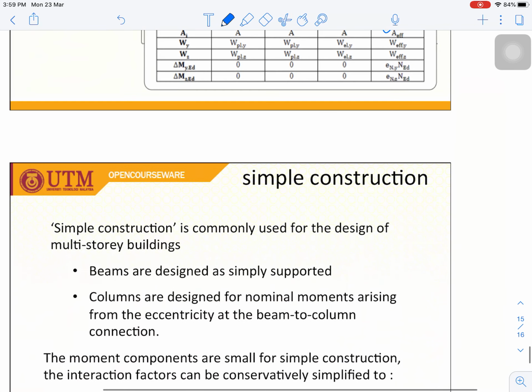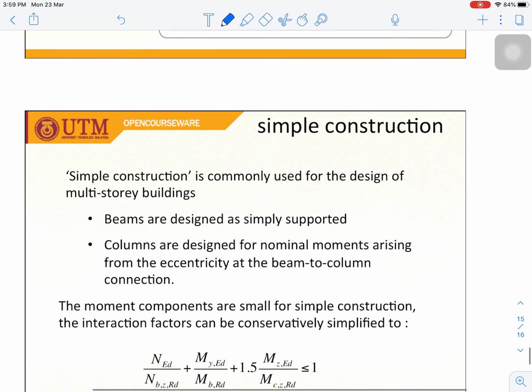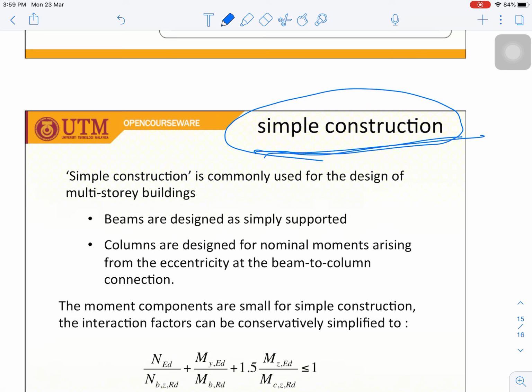So we are fortunate in this case because in our design class the scope is only for columns with simple construction, meaning the beams are designed as simply supported and the columns are designed for a nominal moment arising from the eccentricity.